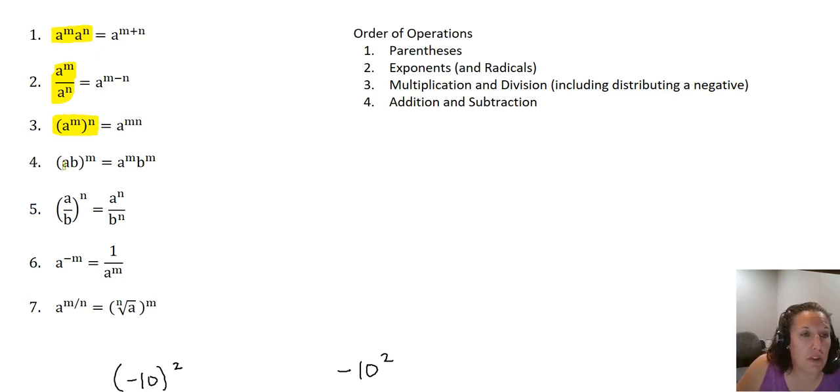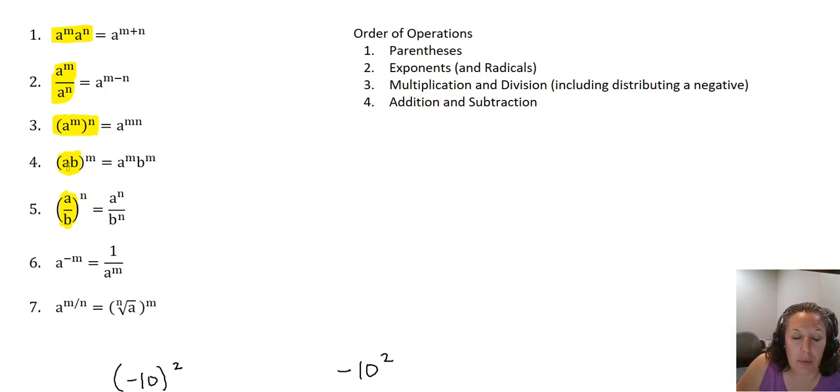Now when you have a product that is raised to a power, remember that you can split that up and write it as the first one raised to the power times the second one raised to the power. But this only works if what you have on the inside of the parentheses here is either multiplied or divided. Then you can write each one raised to the power.